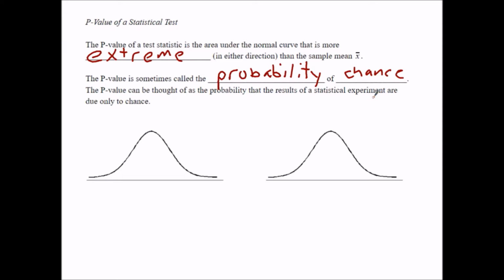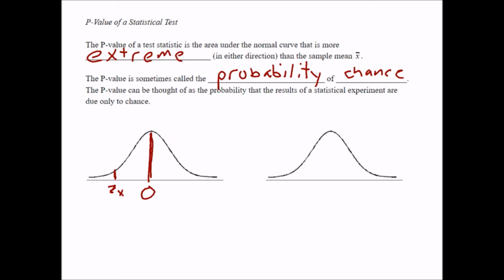chance. So as kind of what's going on here, if you're dealing with a standard normal curve, then what you'd have here is 0, and you'd have these z-scores. So let's say we have a z-score, so I'm going to put a little x bar there.